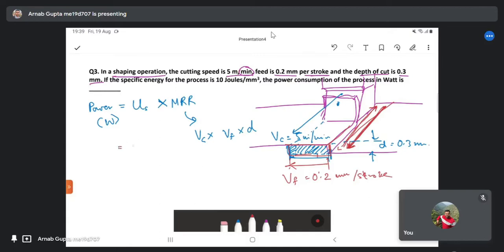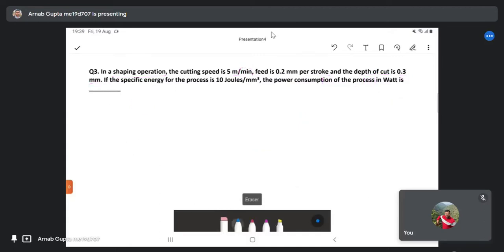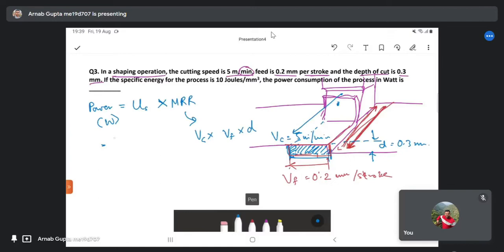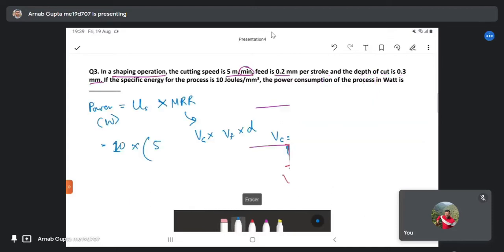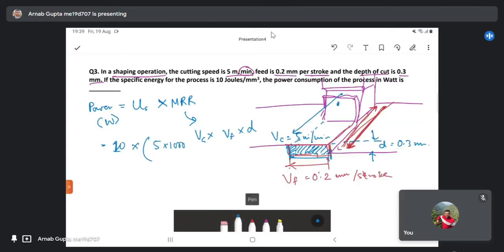So it's 10 and 2. We should take care about the units. Take care of the units. So 5 into 1000 millimeter cube. Sorry, millimeter divided by 60. You have to do to convert it to seconds into Vf is 0.2. That's already in millimeter. So depth of cut is already also in millimeter.